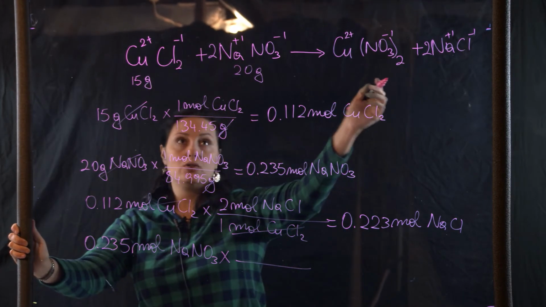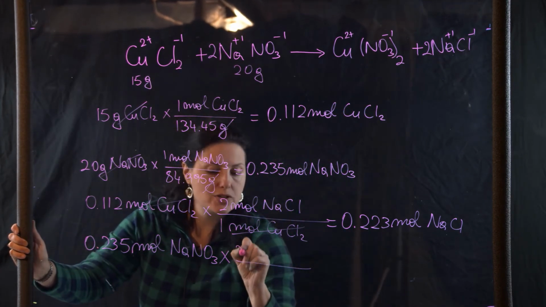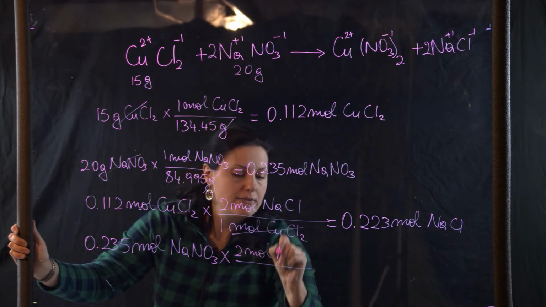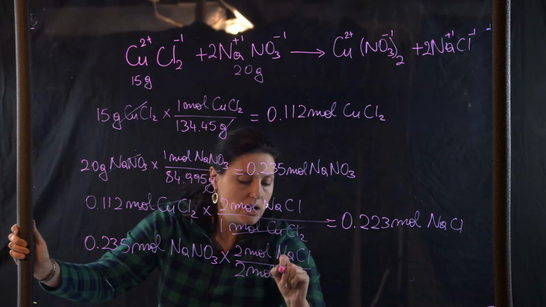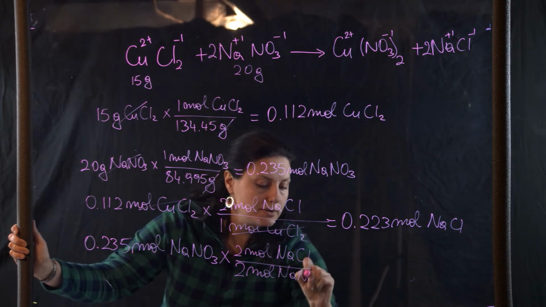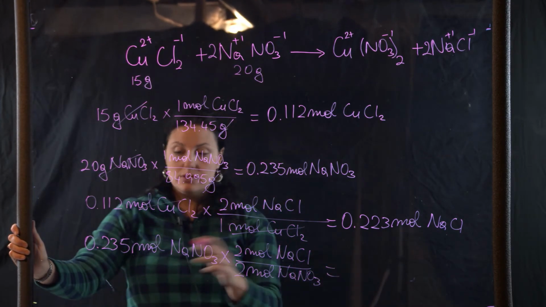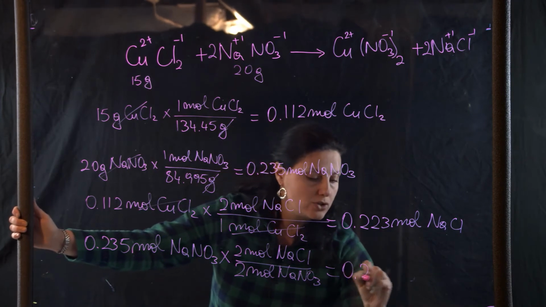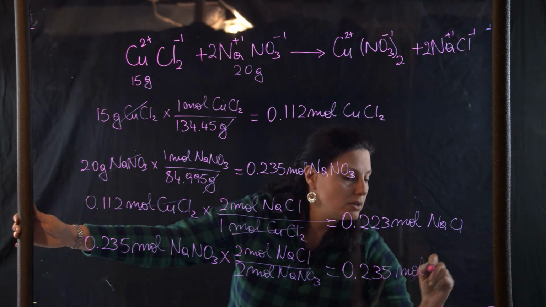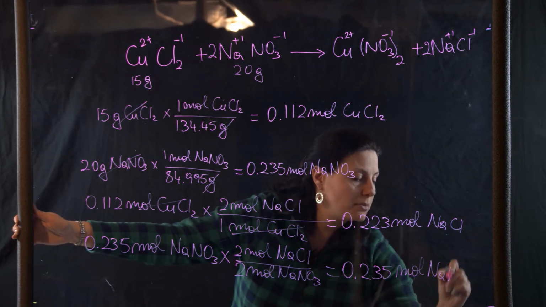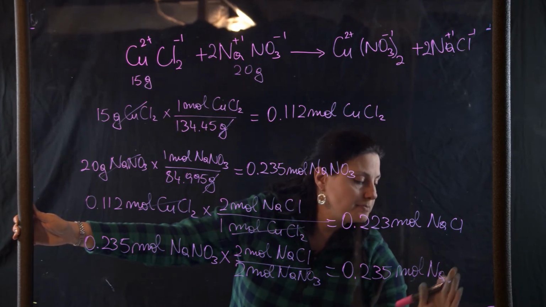It's a 2-to-2 ratio, or a 1-to-1 ratio, so 2 moles of NaCl for every 2 moles of sodium nitrate. So I should get 0.235 moles of sodium chloride.